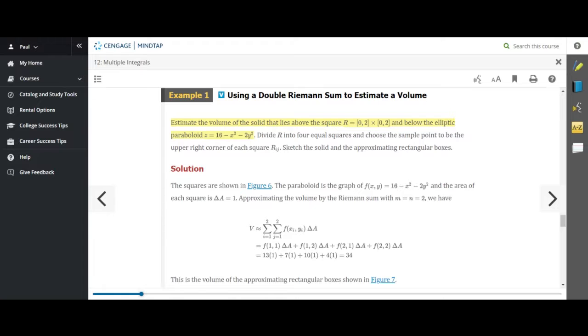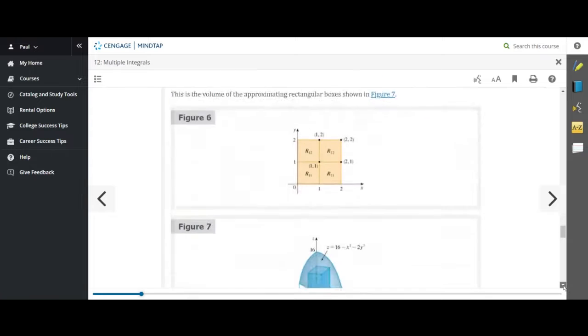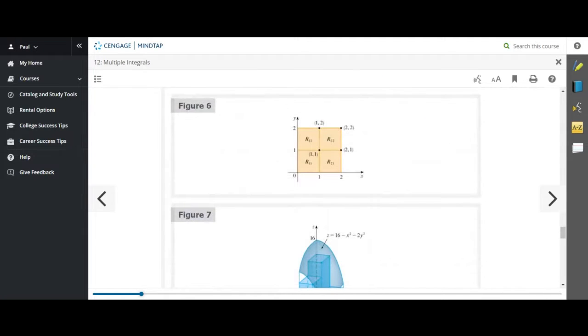It goes down. Good. What's the highest value of that paraboloid? Good, 16.